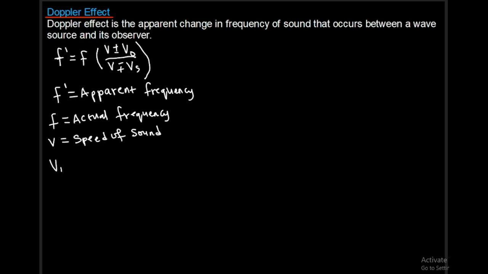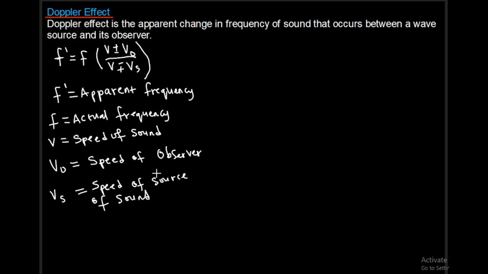VO is the speed of the observer. And then VS is the speed of the source of the sound.